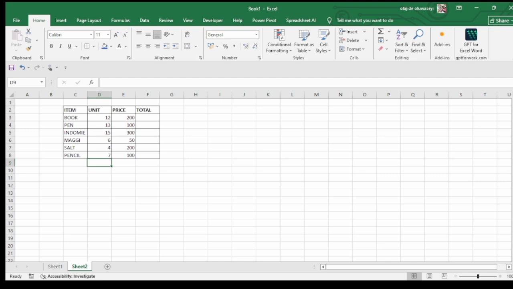So now when we want to add how many units we have in the store, we start with our equals to, then we do 12 plus this plus 15 plus 6 plus 4 plus 7. Very annoying, right? You can see this is our total. Can you see? These are the old method. Do you understand? These are the old method.